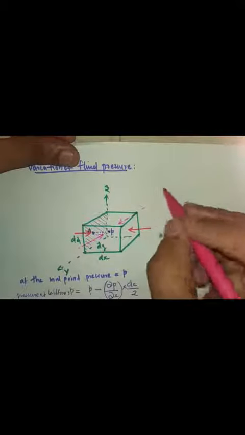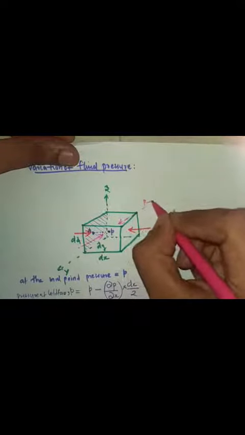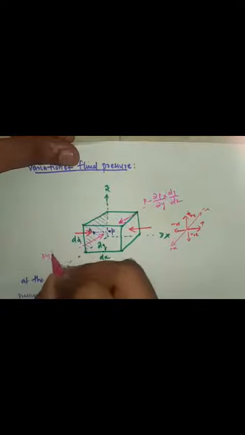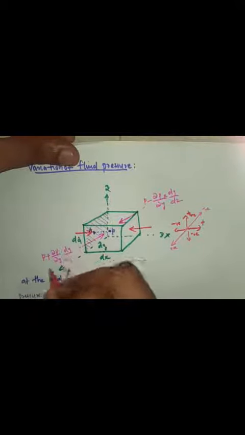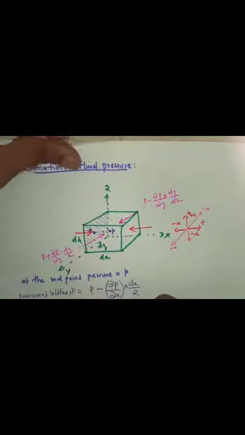So here the value is P minus dou P by dou y into dy by 2. Here it is P plus dou P by dou y into dy by 2. So these are the two pressure forces acting.